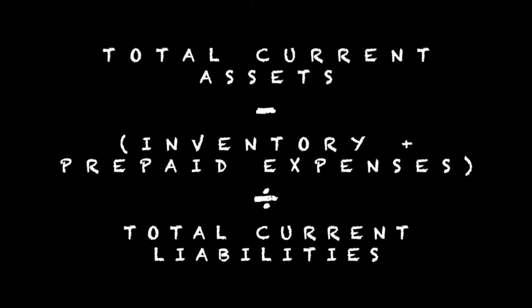Those assets in the current assets section which are easily convertible into cash within probably a period of 90 days. This is computed by taking the company's total current assets minus those illiquid ones, typically inventory and any prepaid expenses, and dividing the resulting number by the total current liabilities. So far so good?